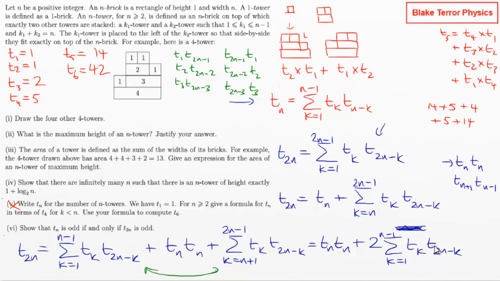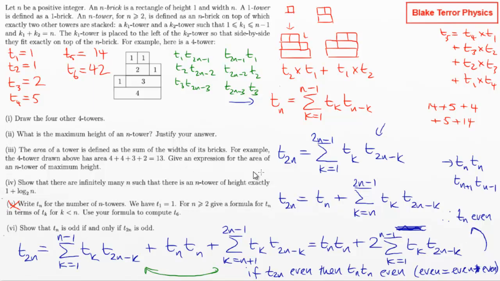Okay, so therefore we have got that if t2n is even, then we've got tn times tn is even, as in even equals even plus even. And if tn squared is even, then we can say therefore tn is even.